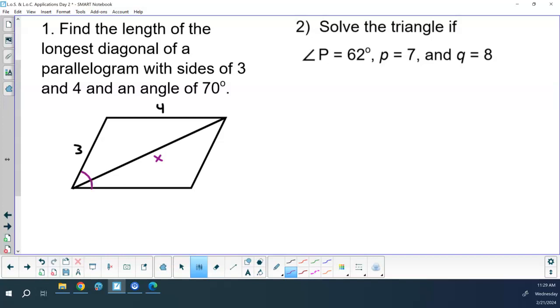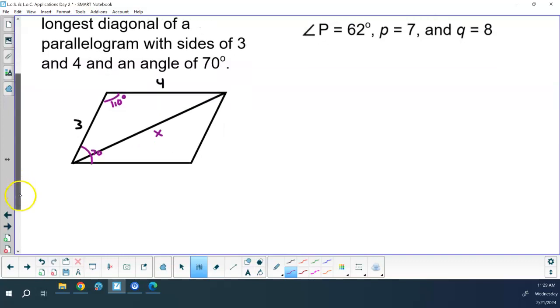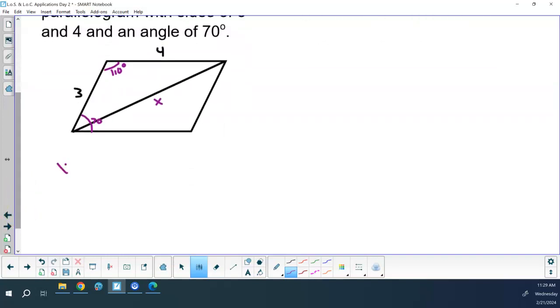So this one right here is 70. If that one's 70, how much is this one right here? It's 110. Okay? So now it just becomes a simple law of cosines problem where x squared equals 3 squared plus 4 squared minus 2 times 3 times 4 times the cosine of 110 degrees.